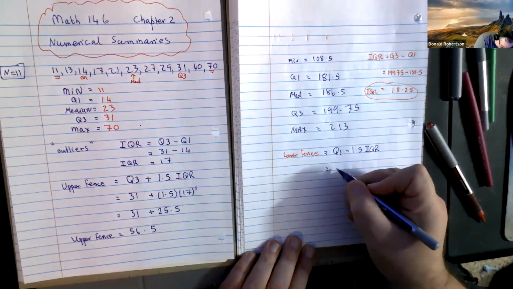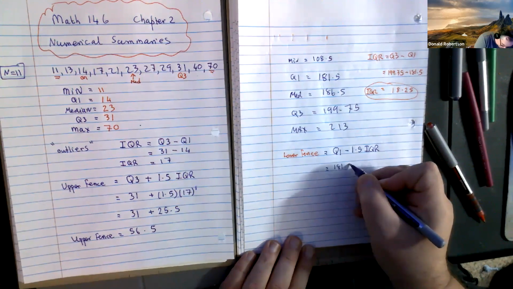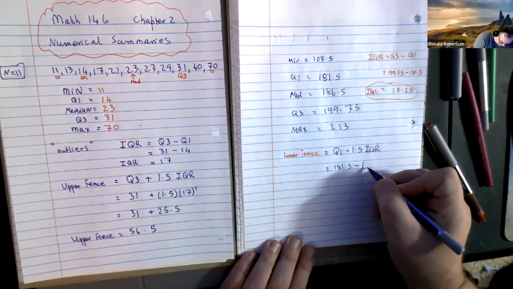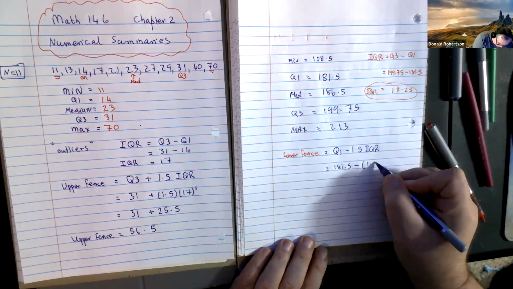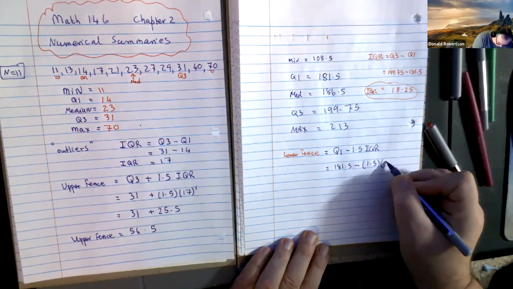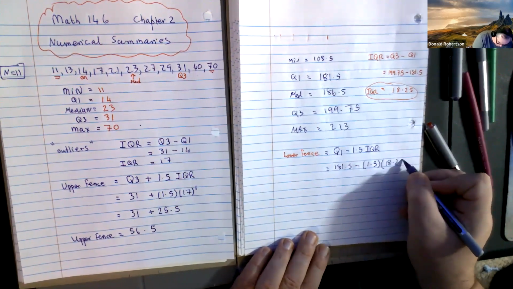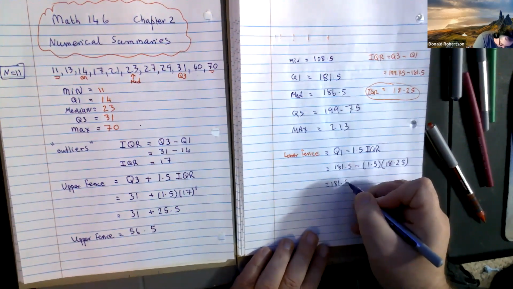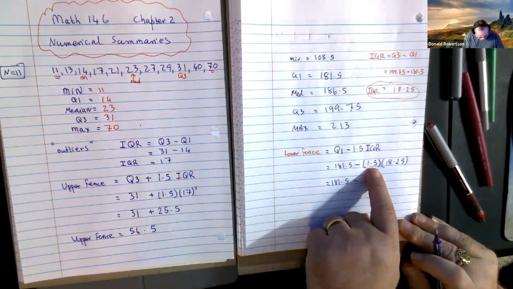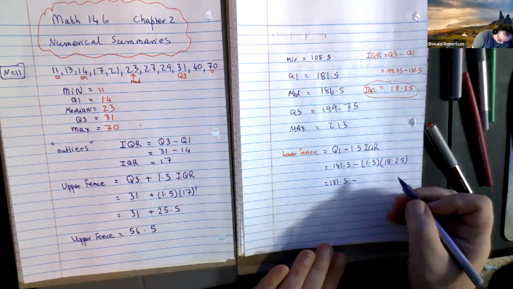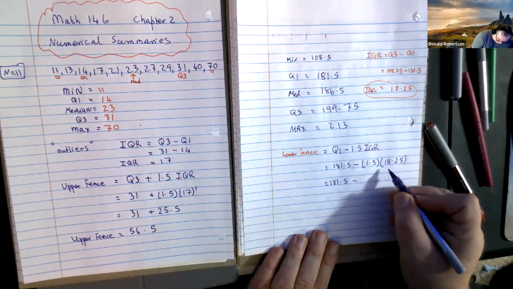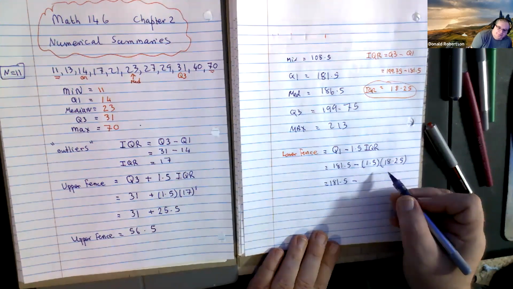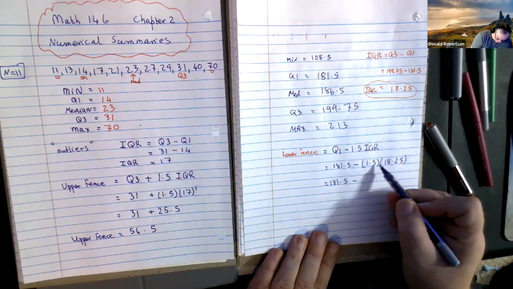So it's going to be 181.5 take away 1.5 times 18.25. I definitely need help. What's that guy times that guy going to get us? It's about 30-ish is a very basic guess.